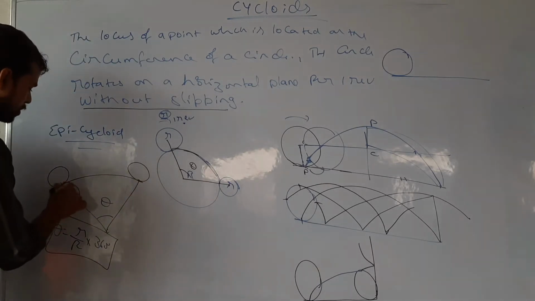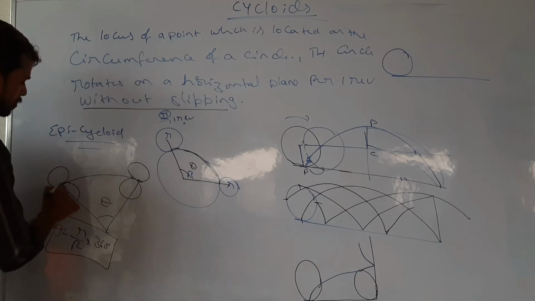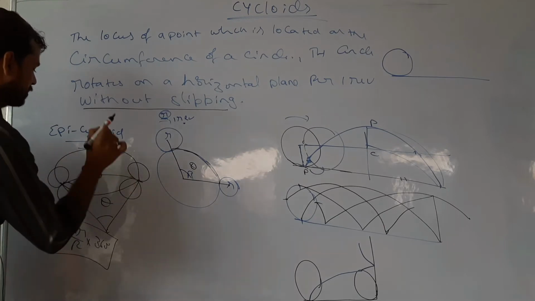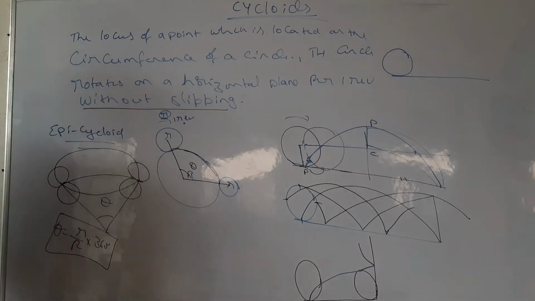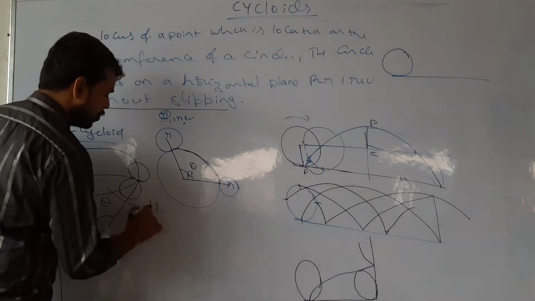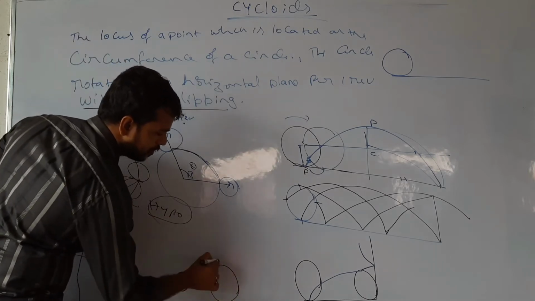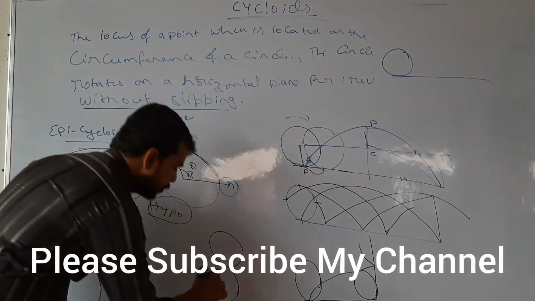for hypocycloid, it will be like this. For epicycloid, it will be like this. Okay, this is for epicycloid, this is for hypocycloid. Then what happens if both circles are the same, with the same radius? I locate the point here.